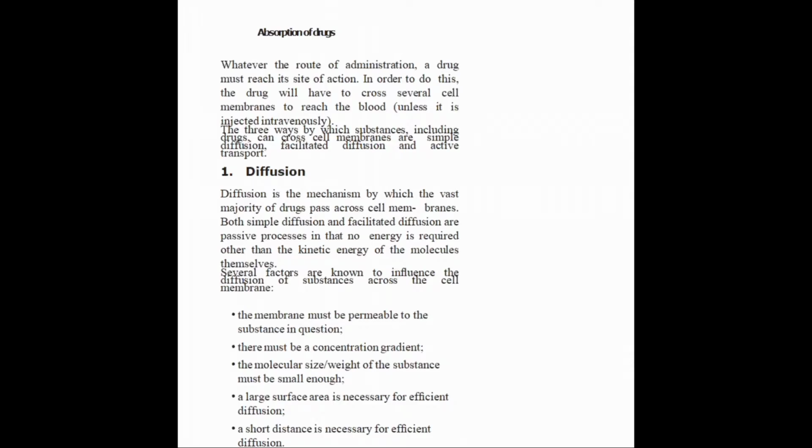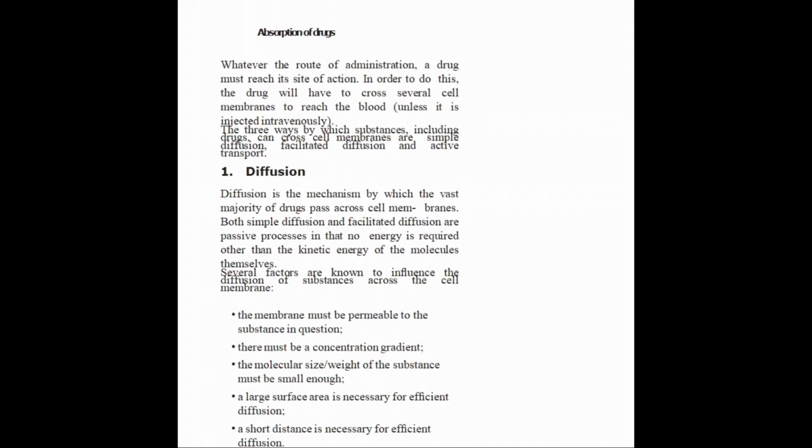Because you need the substance to pass through the membrane, to enter the bloodstream, to be distributed to the required site of action. And when it gets to the site of action, it can now exert the therapeutic target you have in mind. Again, there must be a concentration gradient, because there must be diffusion from region of higher concentration to lower concentration.